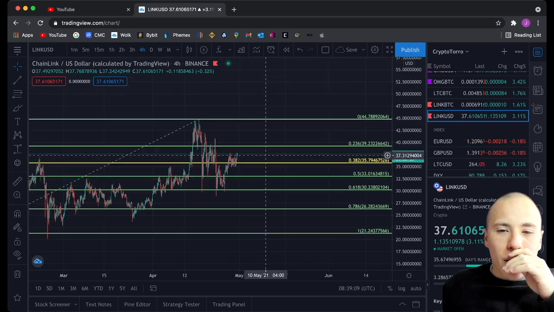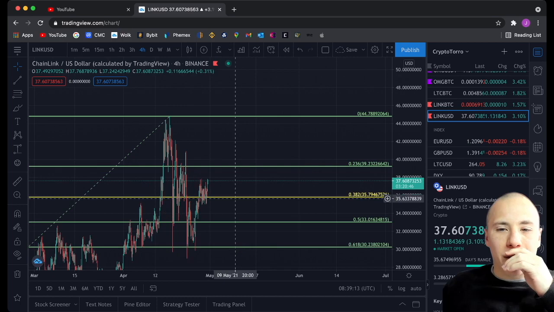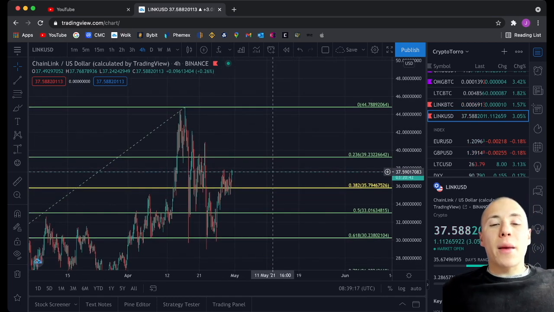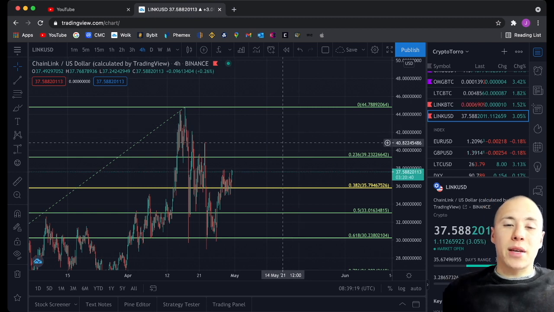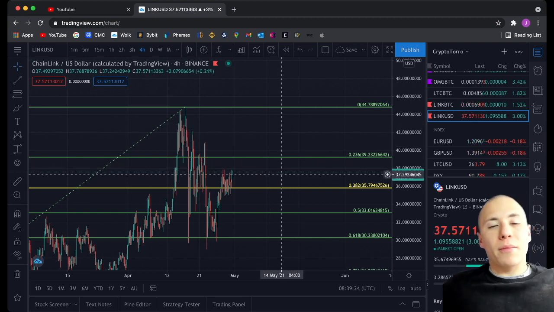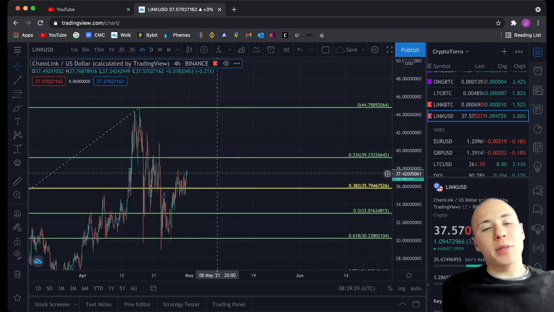What you can see, and it's very important, is that Chainlink is currently trading at the 0.382 Fibonacci level. This is the golden pocket entry, and it's a very important spot, especially because I think it's a very good place to start positioning yourself for a move towards the possible upside or downside.